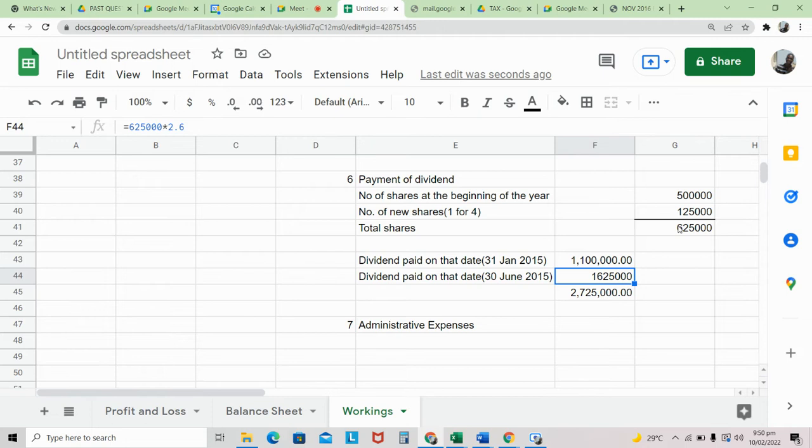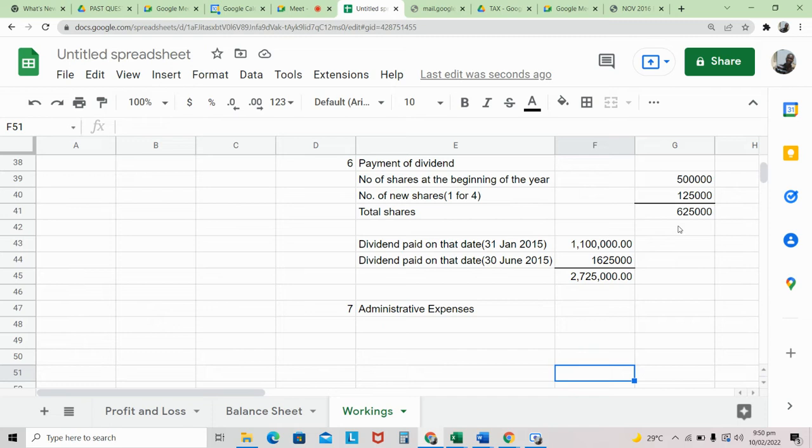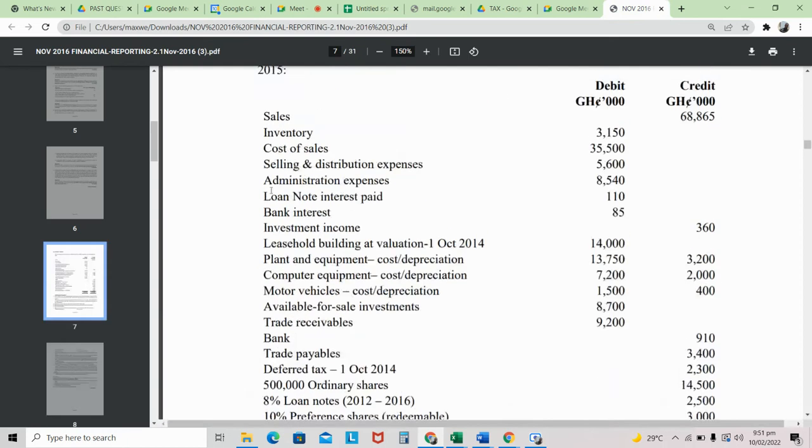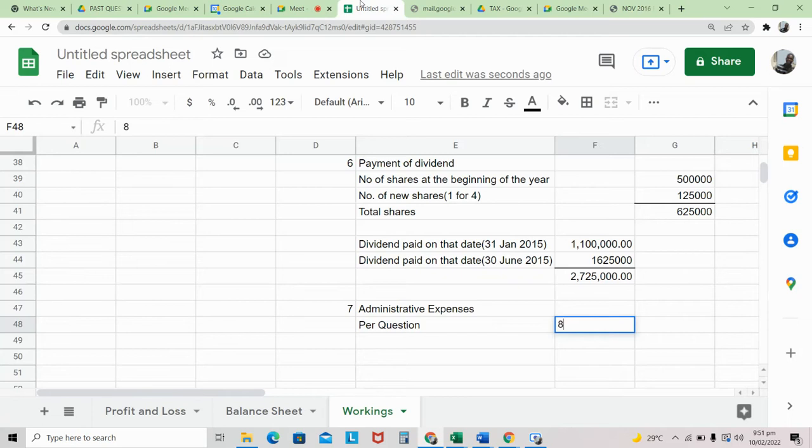Okay, so now let's go on to administrative expenses. Per our question, we were given 8,540.